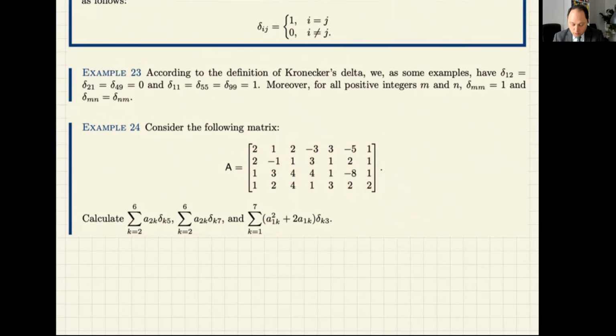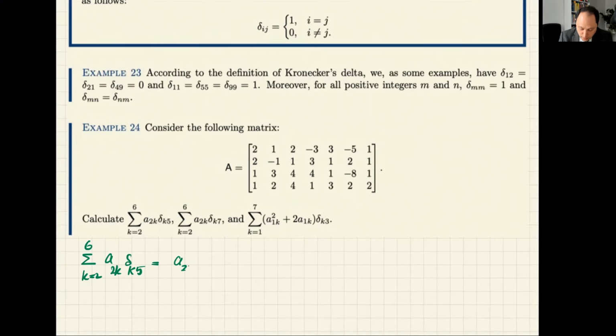Okay, so what can I do? It's very simple. Let us open the sigma. So I have sigma k goes from 2 to 6, a sub 2k, and then I have the Kronecker delta 5, k5. So what is the meaning of sigma? It means that I need to replace k with 2.